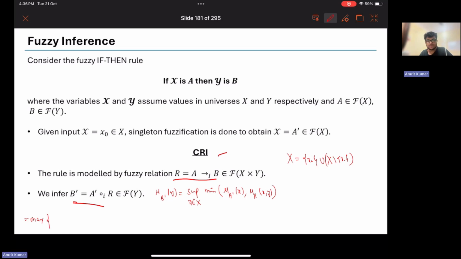When we are taking the supremum at x equals x naught, that is nothing but evaluating this quantity at x naught.